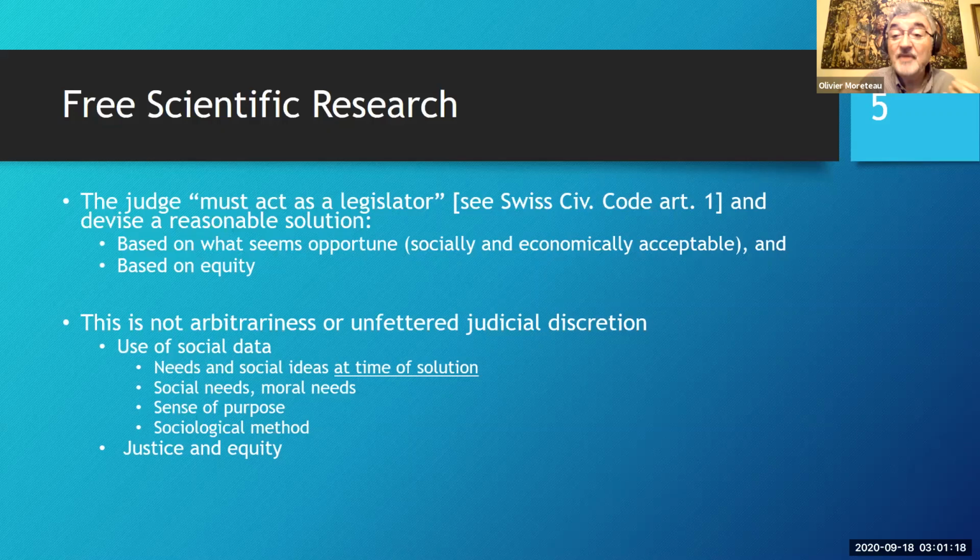Try to identify a sense of purpose that matches the present needs. And do not neglect a sociological approach, and be animated by a strong sense of justice and equity. I'm giving you a rough summary of hundreds of pages of the book of Geny, but you have in the course supplement a beautiful summary by Professor Boris Stark, who was professor at the University of Lyon.